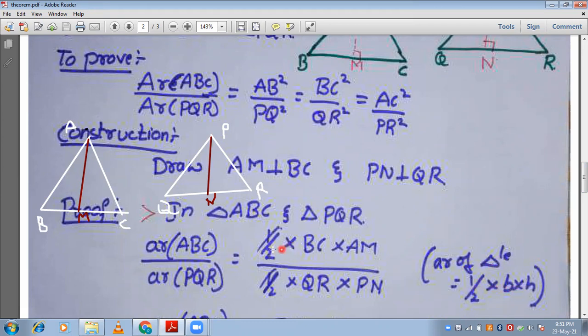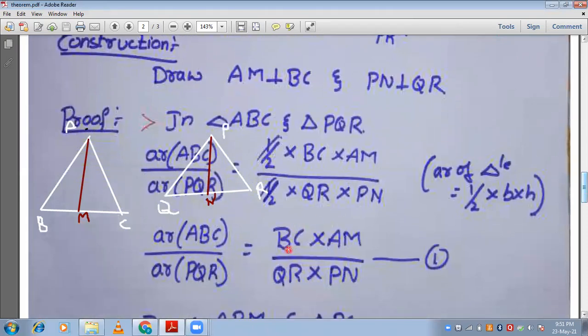Half into, in triangle ABC, base is BC and height is AM, so BC into AM, divided by half into base QR and height PN. Half gets cancelled. Remaining is BC into AM divided by QR into PN. Call this equation 1.